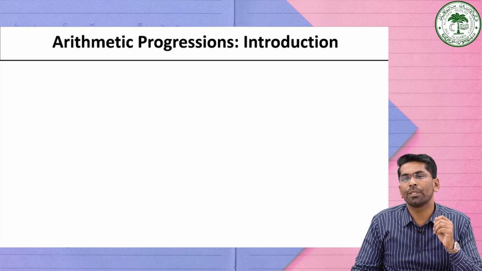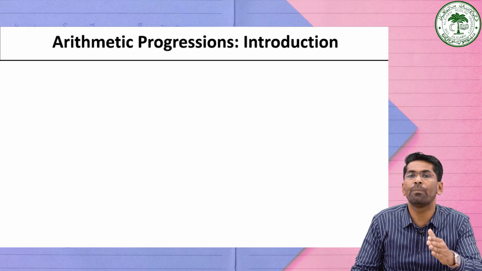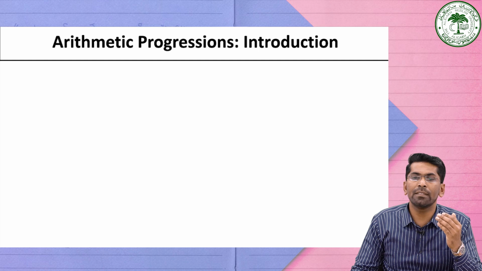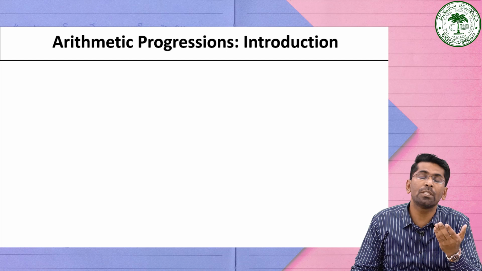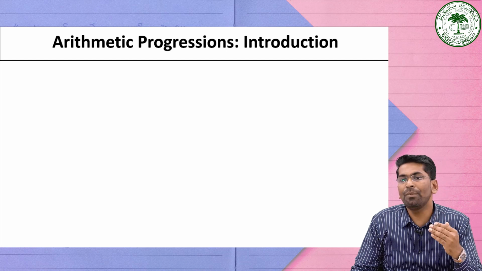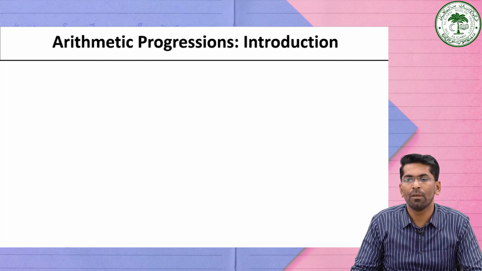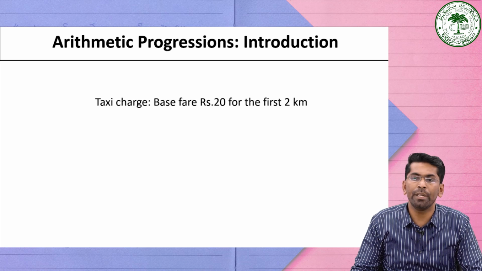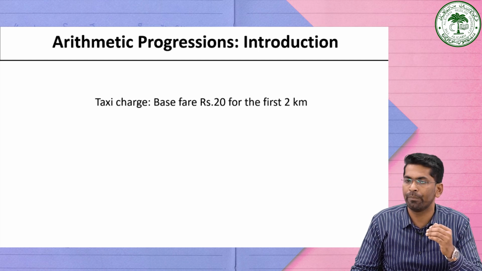Imagine a situation that I hope all of us have experienced: hiring a taxi to reach a particular destination. Taxi charges have a base fare or minimum charge for the first few kilometers. After that, it charges a certain amount per kilometer. For example, say the base fare of the taxi is ₹20 for the first 2 kilometers, after which the taxi charges ₹10 per kilometer.